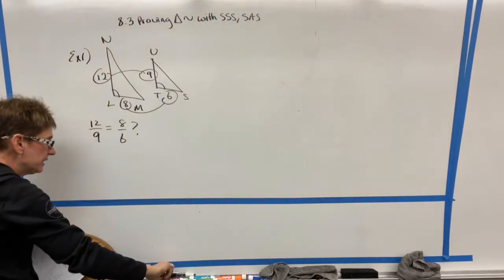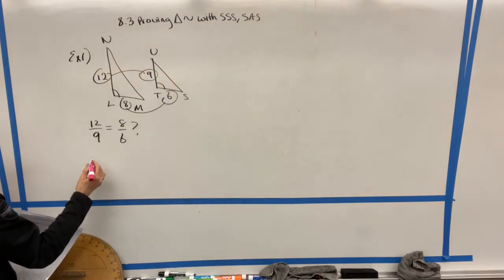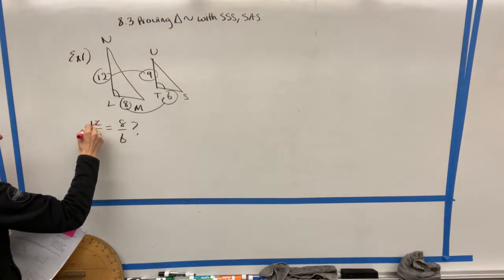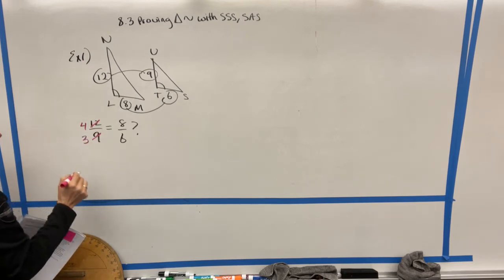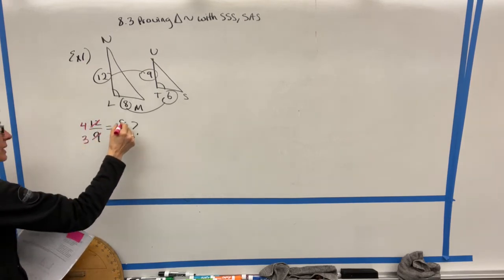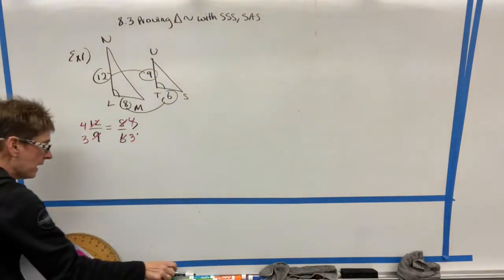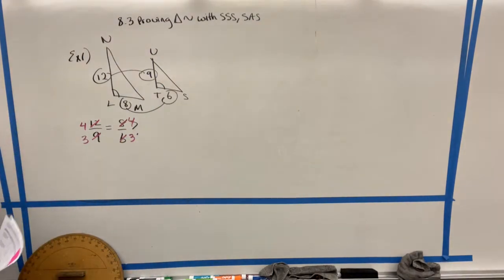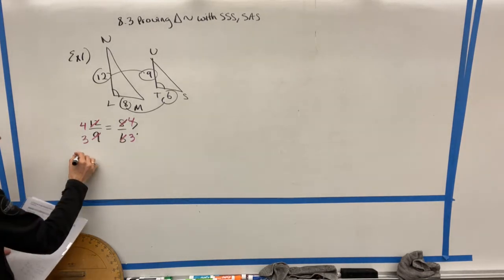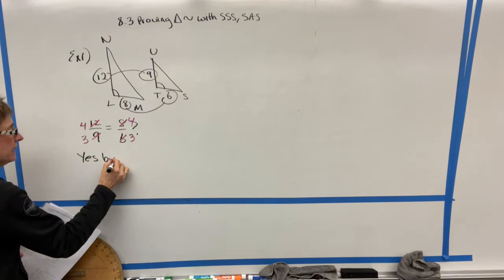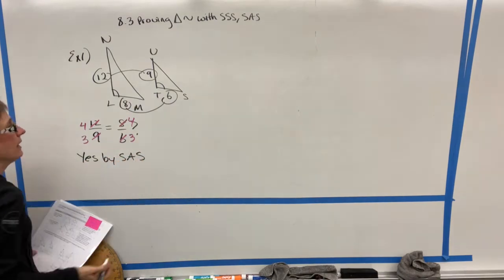Well, an easy way to do this is to reduce each. 12 over 9 can be divided top and bottom by 3, so that becomes 4 over 3. And 8 and 6 can both be divided by 2, and that also becomes 4 over 3. Another method, if you prefer, is to cross multiply and see that you get the same answer. But we would say yes by side, angle, side.